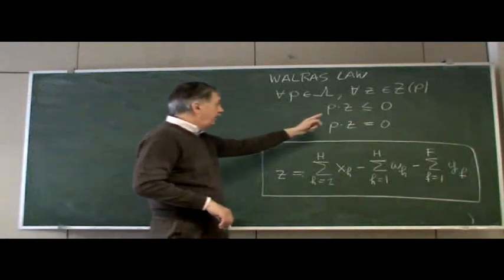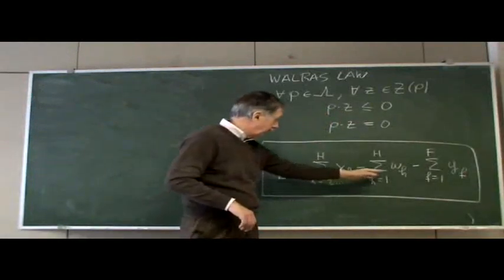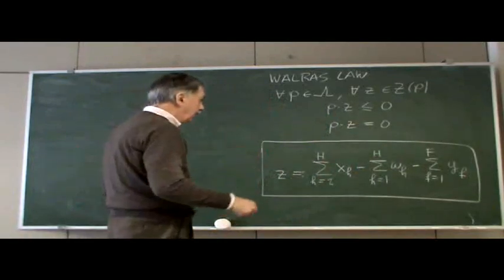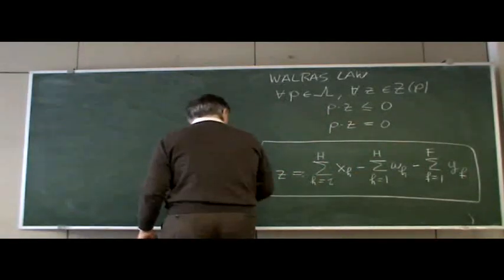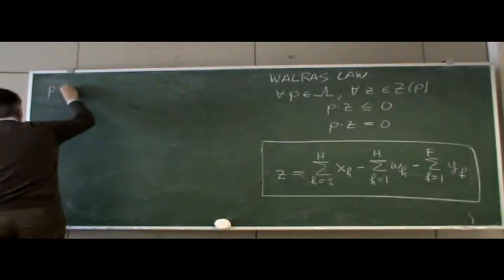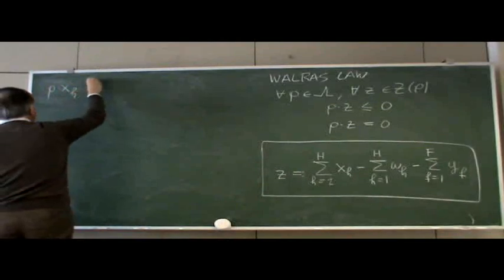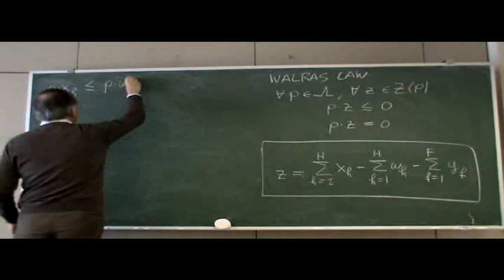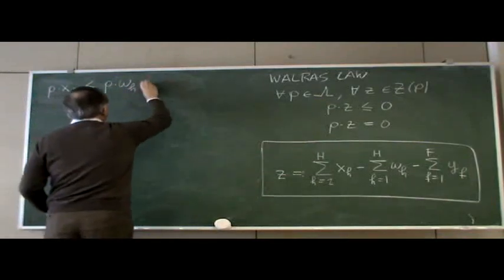Since this vector z is the sum of these elements, these vectors xh, omega h, yf, we have the following. For each consumer, the value of xh must be less or equal to the value of the wealth.